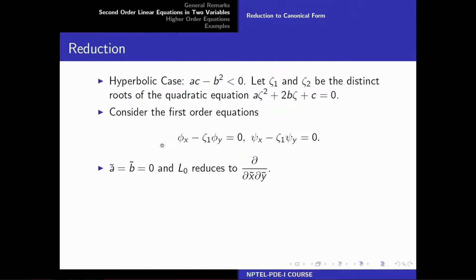One thing you should remember here, though they are first order equations, you have already learned the method of characteristics to solve first order equations, and here they are linear in fact. This xi 1 and xi 2 are only functions of x and y. So, there is absolutely no problem, but there is no initial line or initial condition.